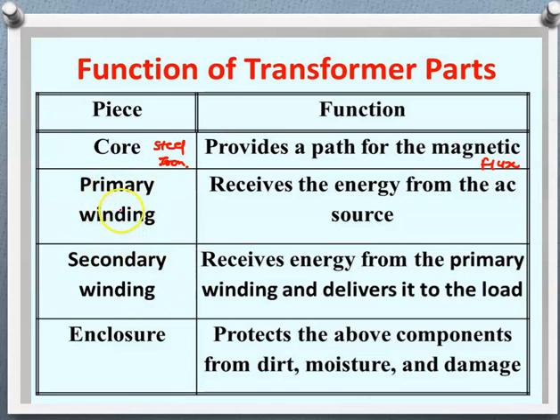Then primary winding and secondary winding are wound on this core material. The primary winding receives the energy from the AC source, that means it is connected to the AC supply. The winding which is connected to the AC supply, we call it the primary winding. And the function of the secondary winding is to receive energy from the primary winding and deliver it to the load, that means the secondary winding is connected to the load.